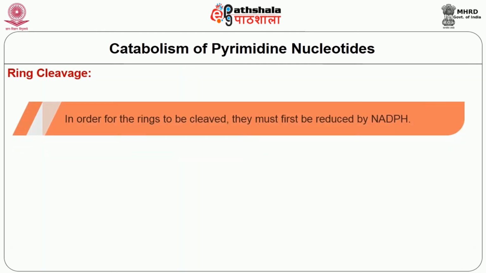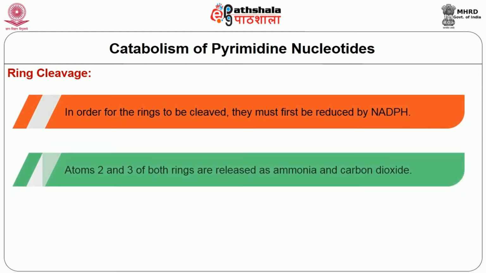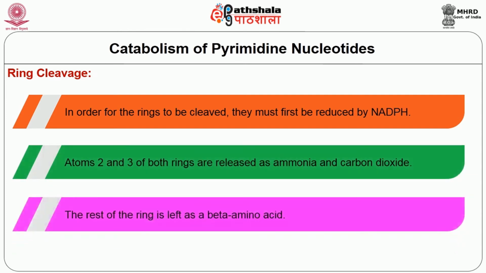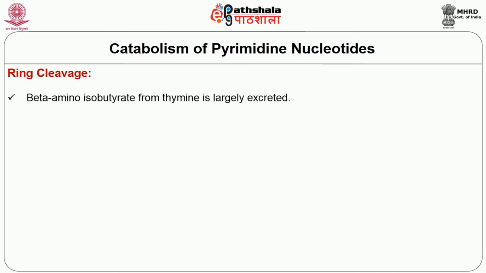In order for the rings to be cleaved, they must first be reduced by NADPH. Atoms 2 and 3 of both the rings are released as ammonia and carbon dioxide. The rest of the ring is left as a beta amino acid. Beta amino isobutyrate from thymine is largely excreted.